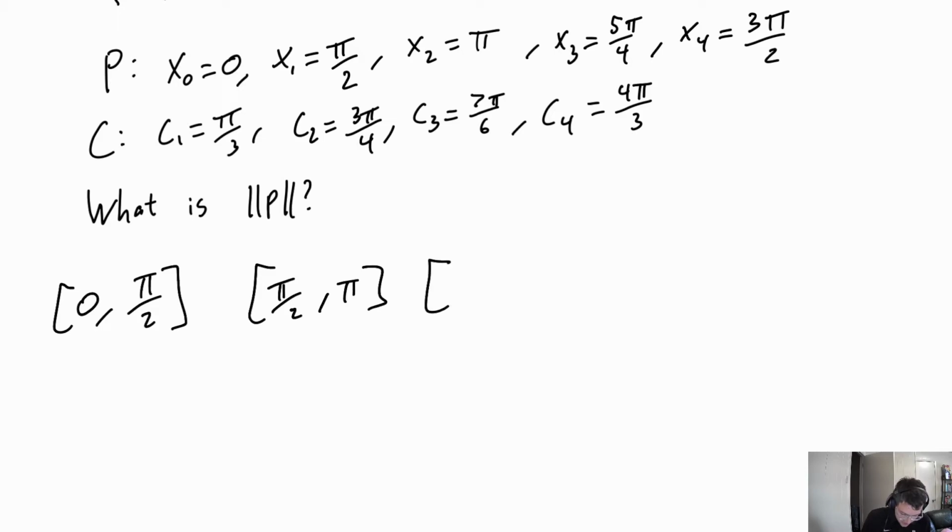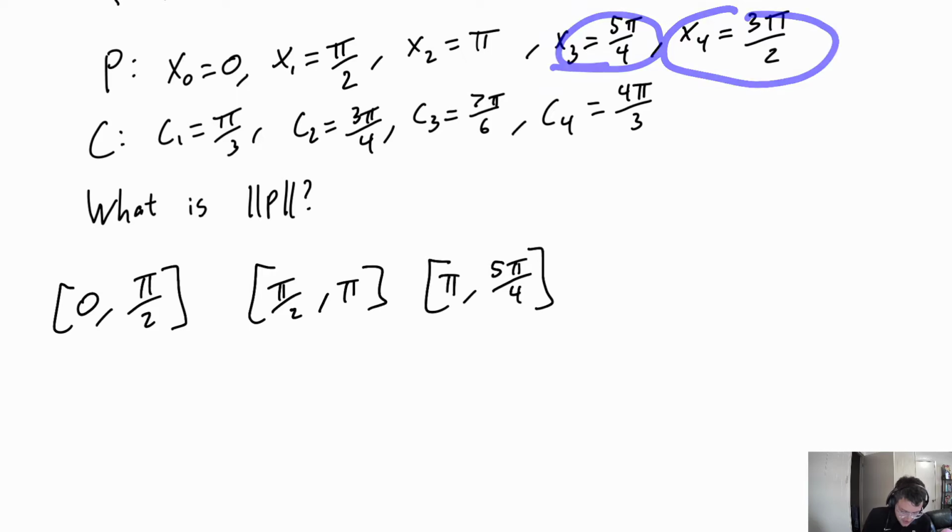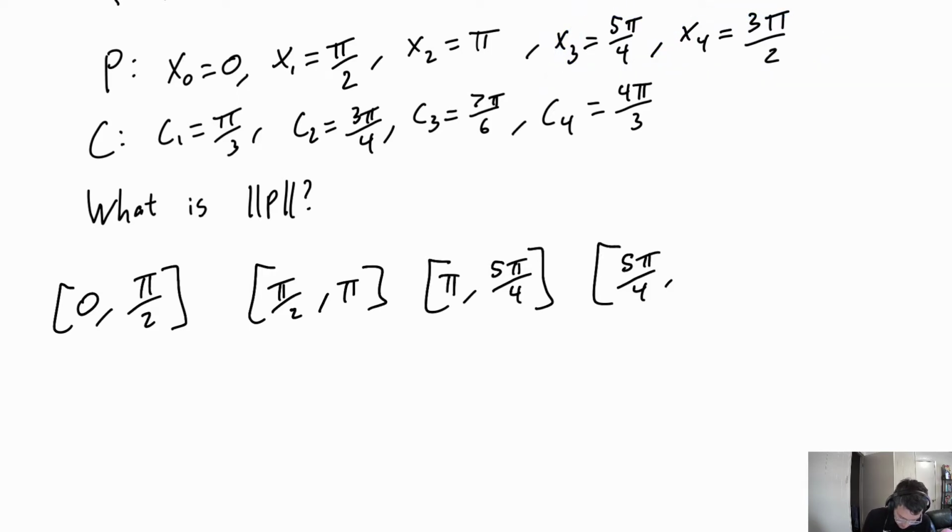We have another subinterval that starts at this endpoint and ends at this endpoint, so it goes from pi to 5 pi over 4. And then lastly, our last subinterval starts at 5 pi over 4 and ends at 3 pi over 2. So for given partition points, we just lay them out in order and use those to make our different subintervals.